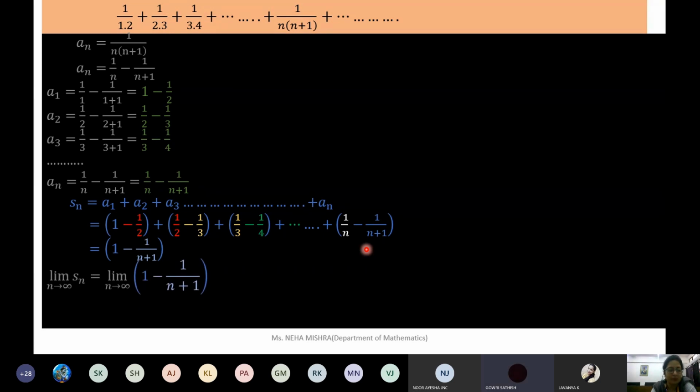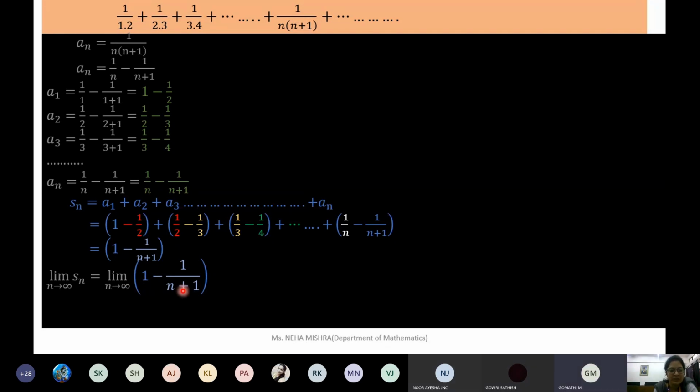Take the limit from both sides as n tends to infinity. Substitute n tends to infinity on the right hand side and tell me the answer. What is infinity plus 1? Infinity. What is 1 by infinity? 0. What is 1 minus 0? 1.